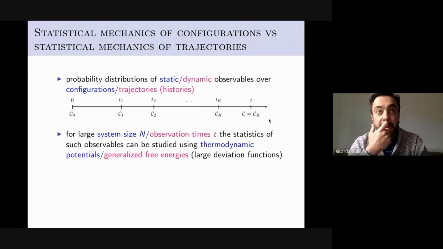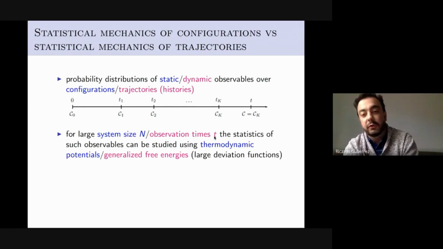So before, the large deviation results were especially relevant for sufficiently large n, and in thermodynamics one deals with the thermodynamic limit, n going to infinity. Here in the statistical mechanics of trajectories, the large parameter is the time, the observation time, the duration of the trajectory.